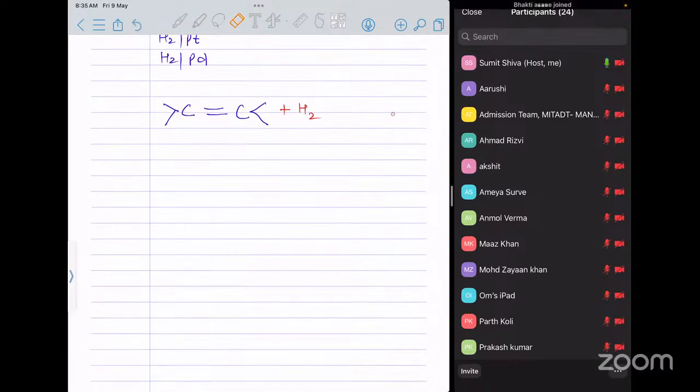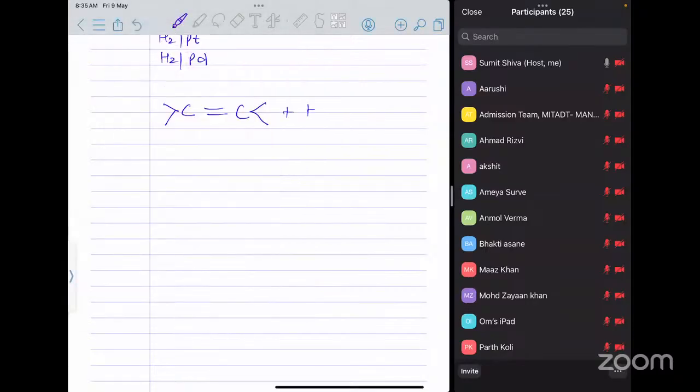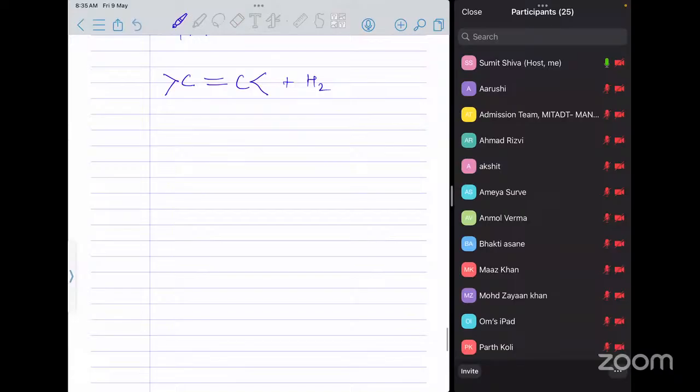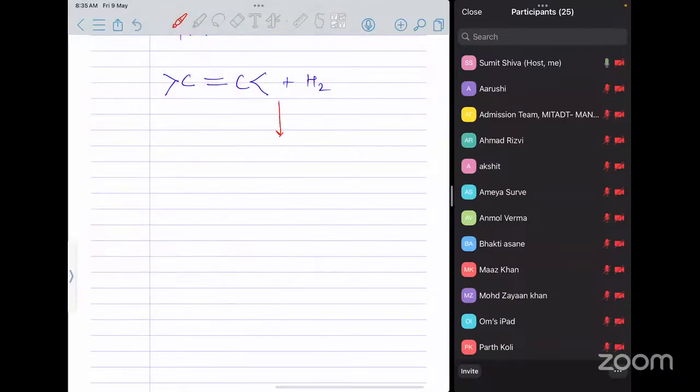What will happen in the reaction? One of the pi bonds will be broken and hydrogen will attach to both the valencies of carbon. So this will be carbon single bond carbon with hydrogen.